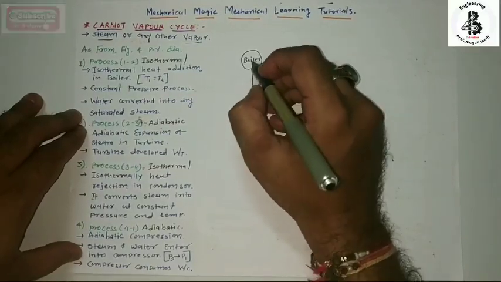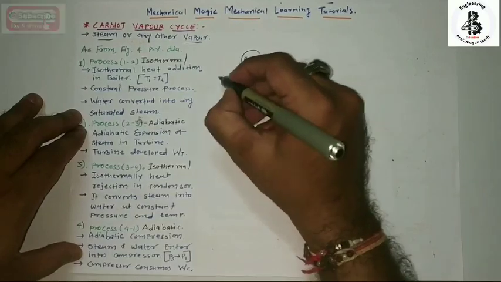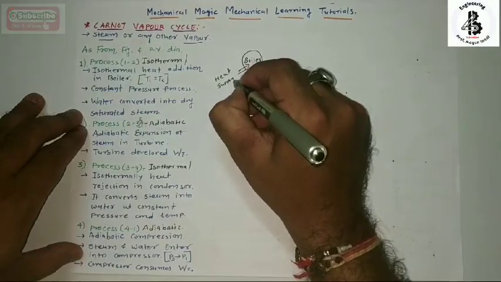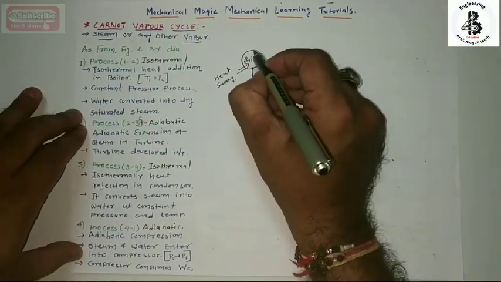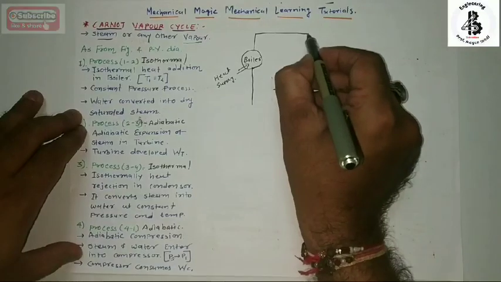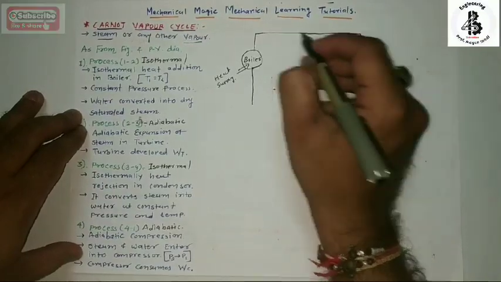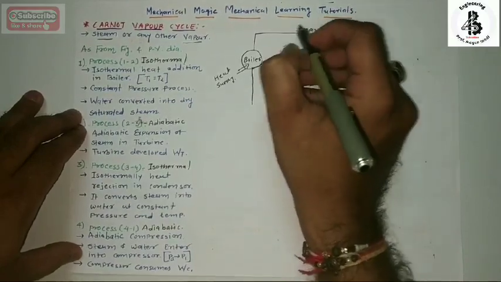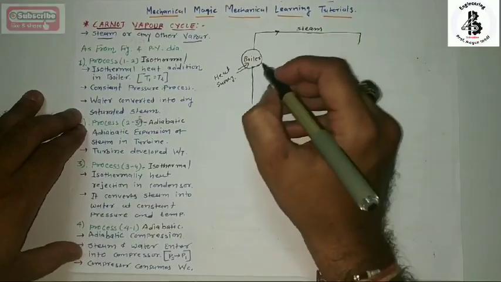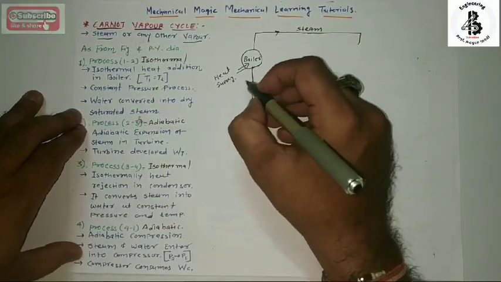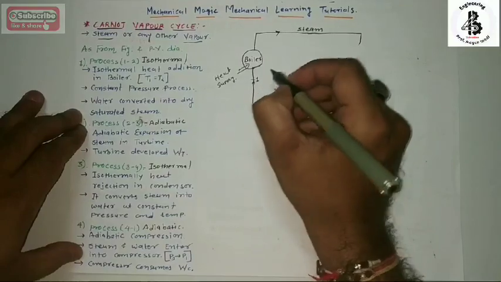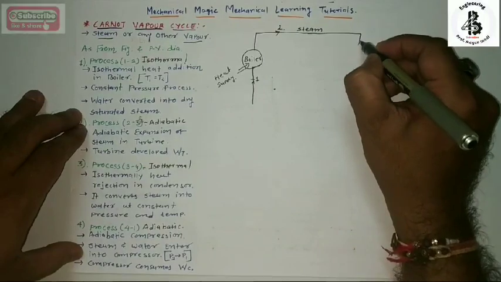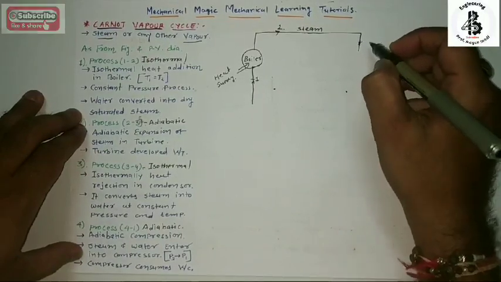You can see that heat is being supplied to the boiler, and that is used for developing high pressure, high temperature steam. That will be at constant temperature, or you can say an isothermal process.